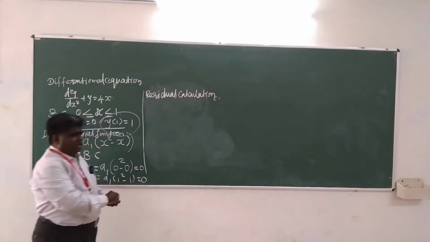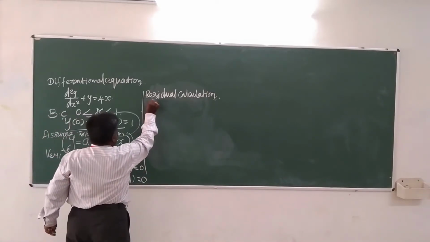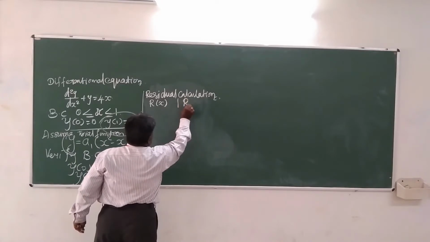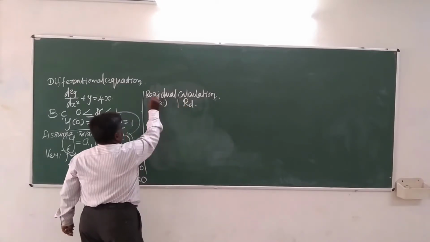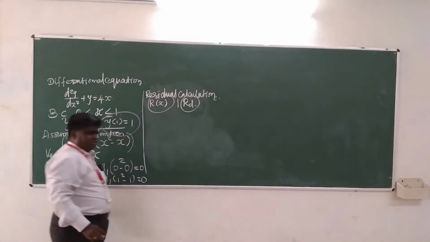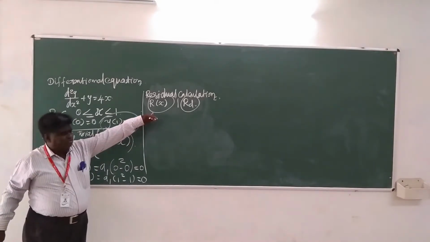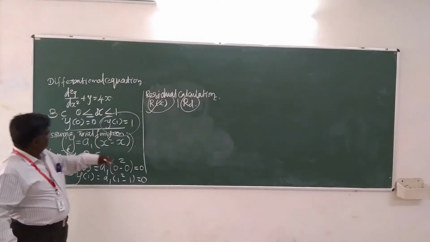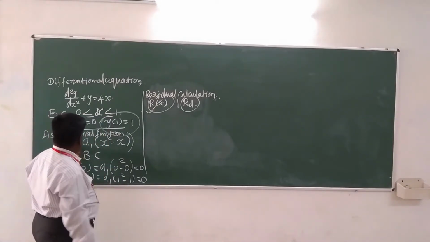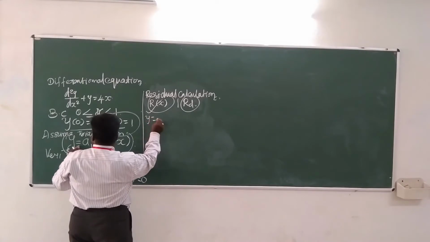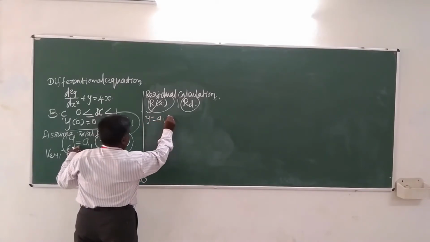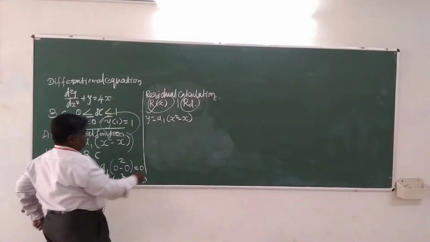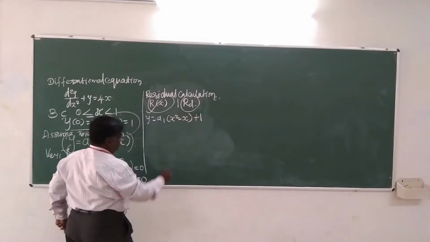Residual: the standard notation is R of x or R suffix d. Both names are frequently used by authors, and we keep using R of x. So rewrite your assumed trial function y equal to a1 times (x square minus x) plus x.